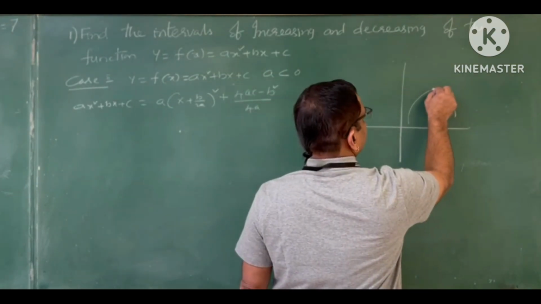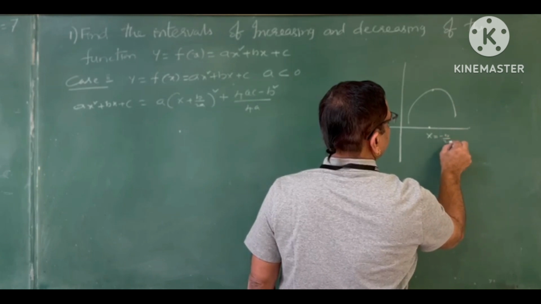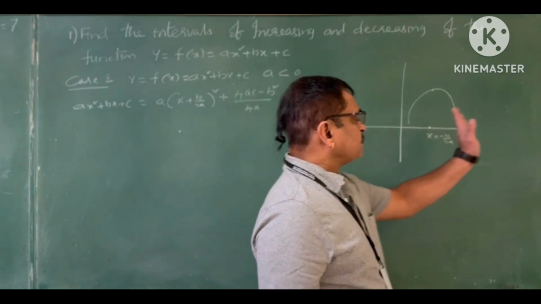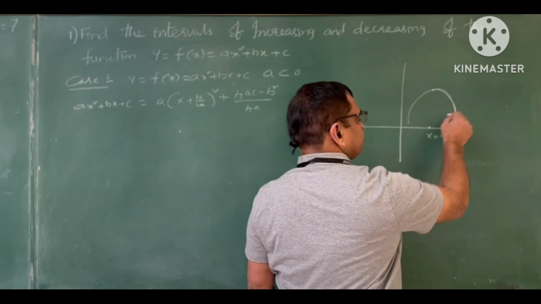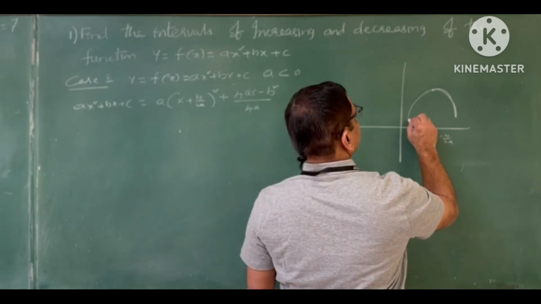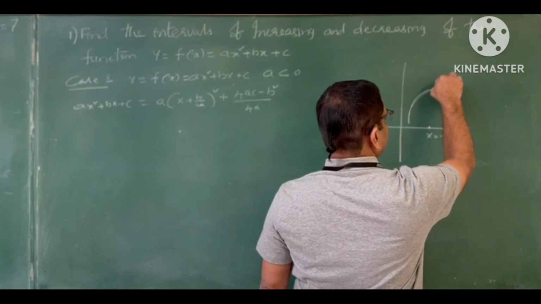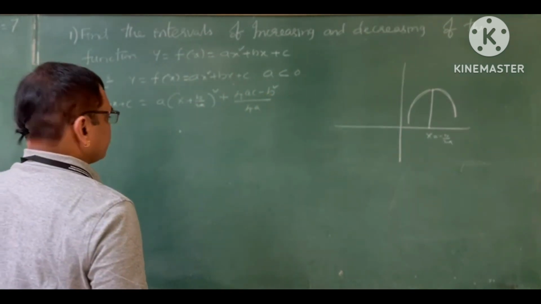And at the point x is equal to minus b by 2a, when x is more than minus b by 2a, the graph will be like this. That means decreasing function. When x is less than minus b by 2a, the function is an increasing function. And this is the maximum value. So here, what is the conclusion?